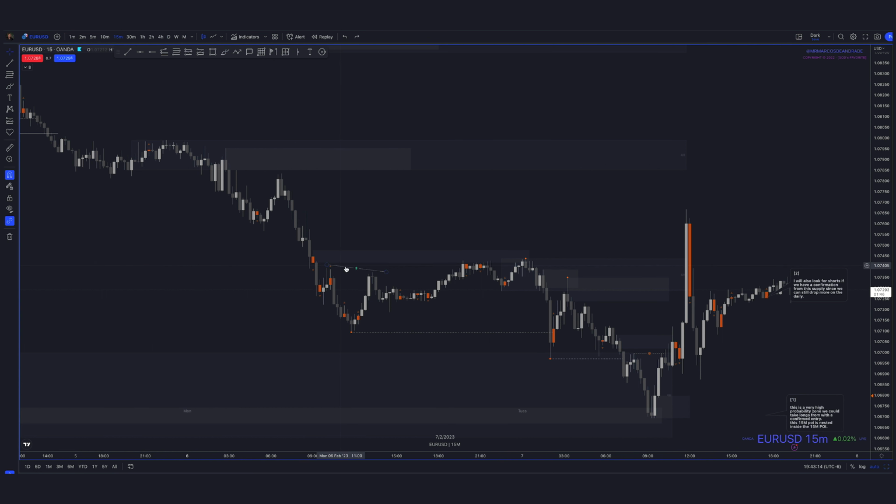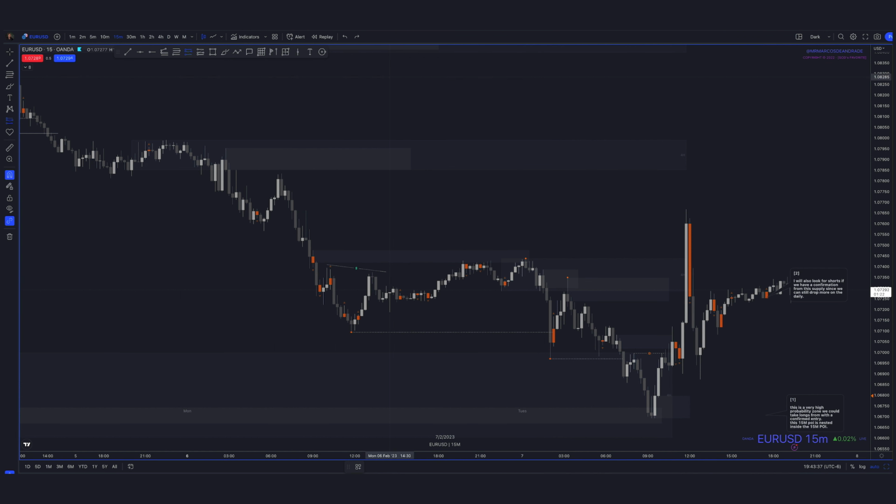You see, it came here beautifully, but I think this was during London time, and I didn't take any trade here, but there was a trade here somewhere. Price just came to this induced zone, and then you could take another short from here. I don't know where.